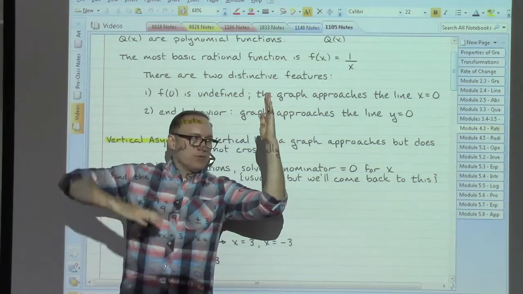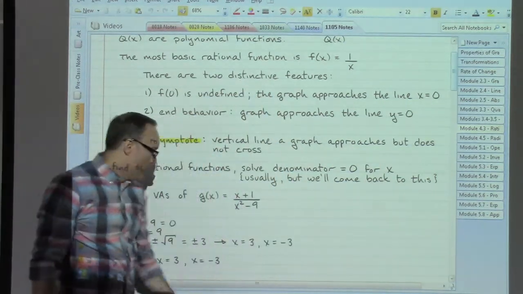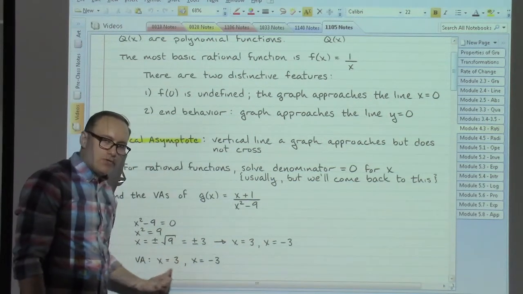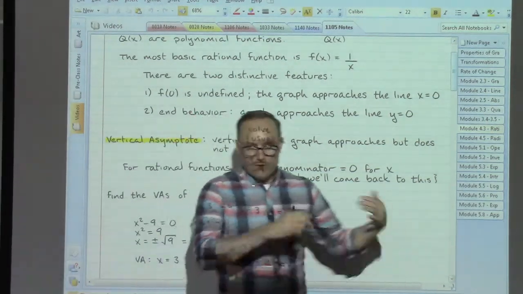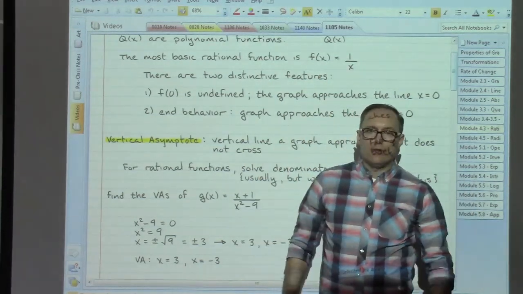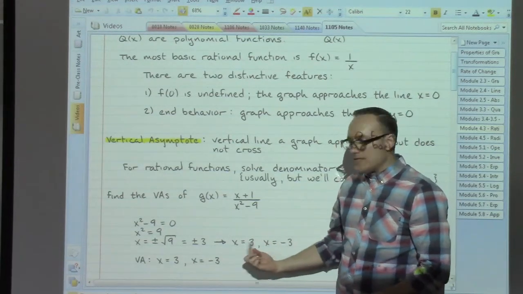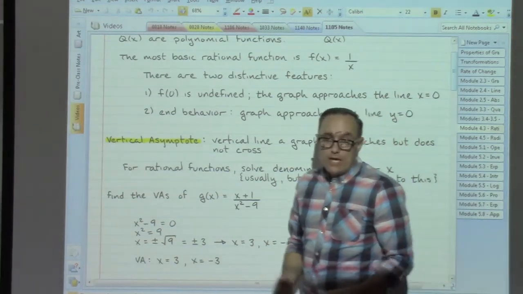Go over to the x equals 3, shooting up, or going down, one of those two. On the other side of the x equals 3, on the right-hand side, shooting up or going down. It would be one of those two possibilities on each left and right side of those vertical lines.